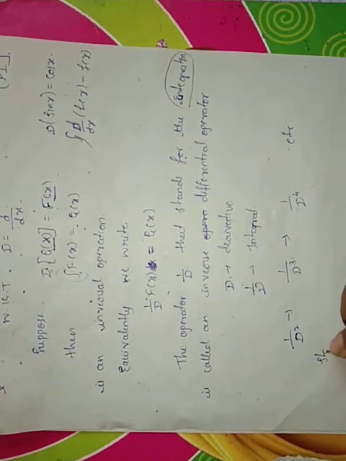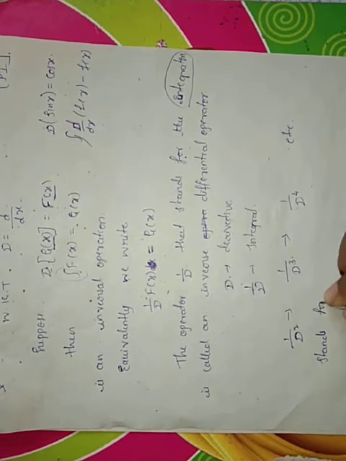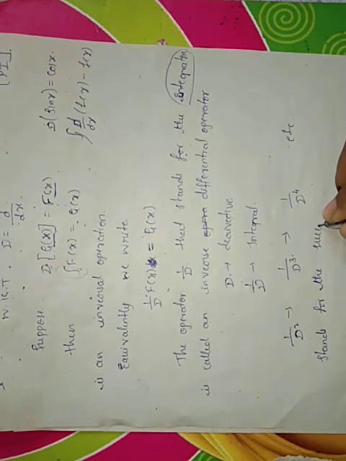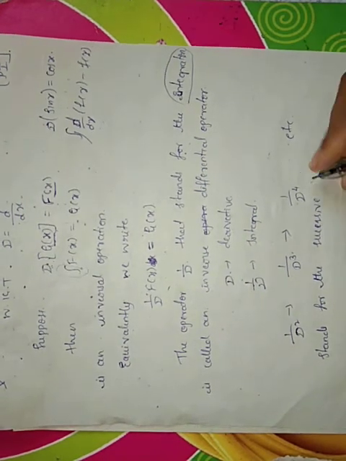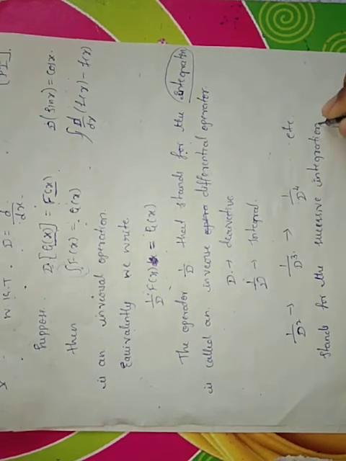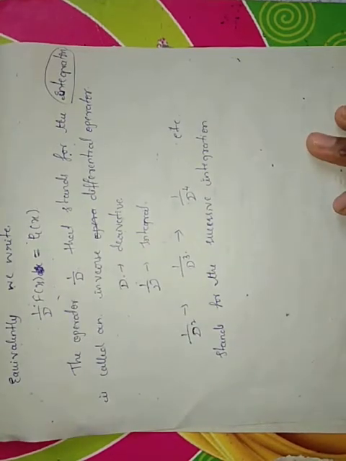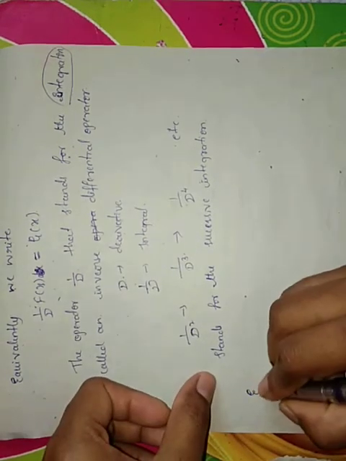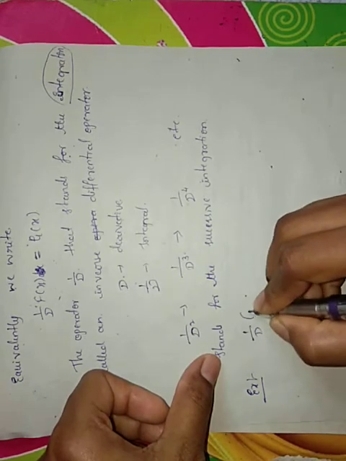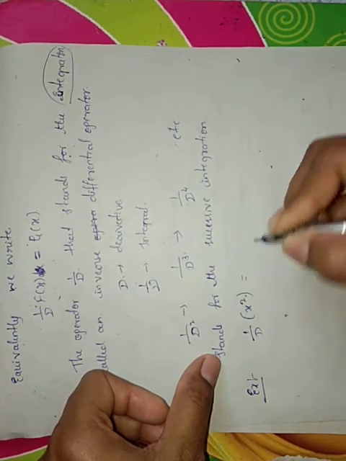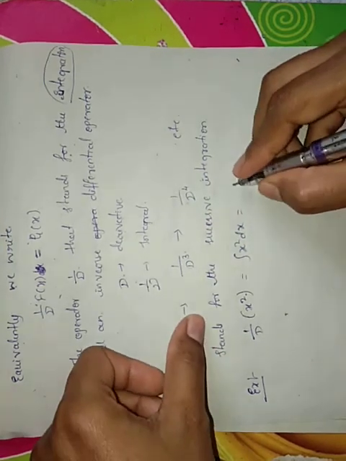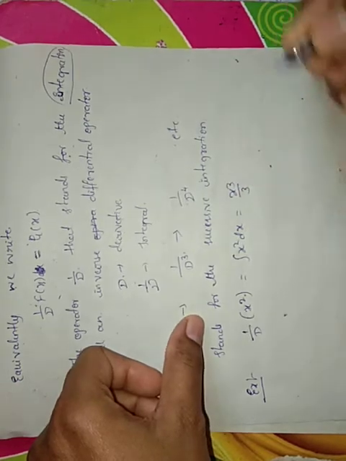They stand for successive integrations. Take down some examples. 1 by D of x square is equal to the integral of x square with respect to x, that is x cube by 3.